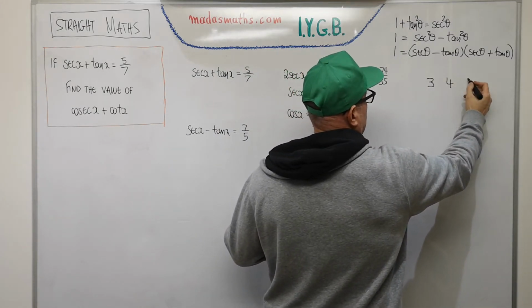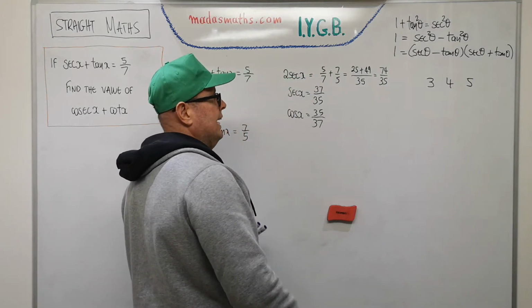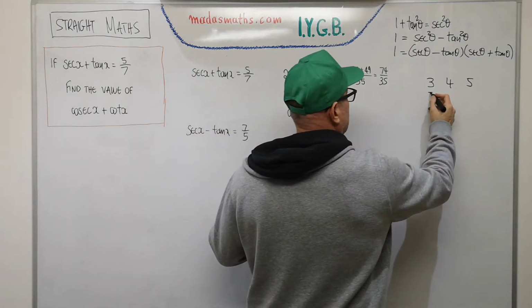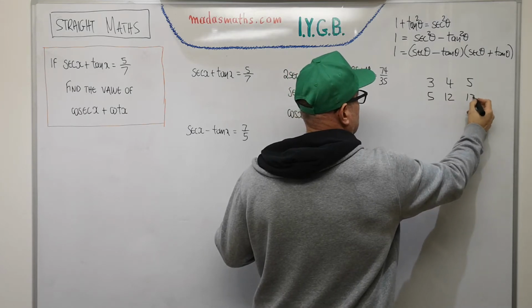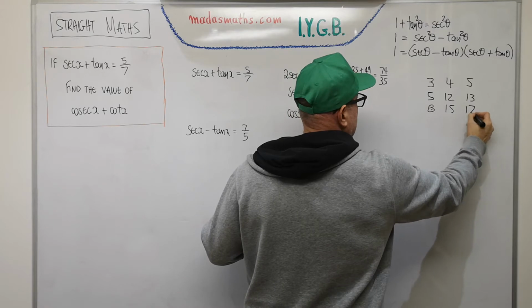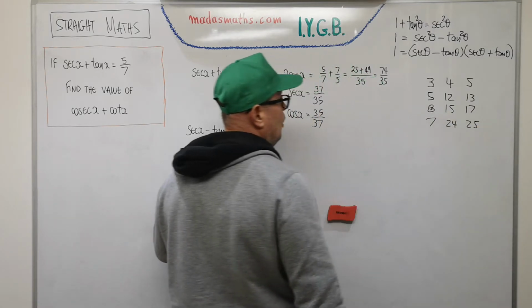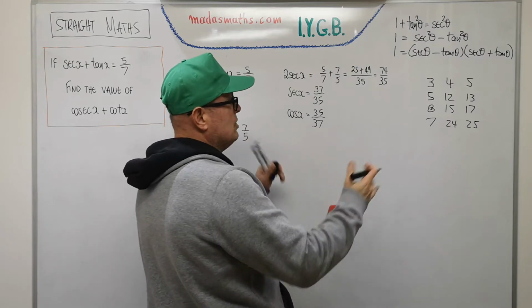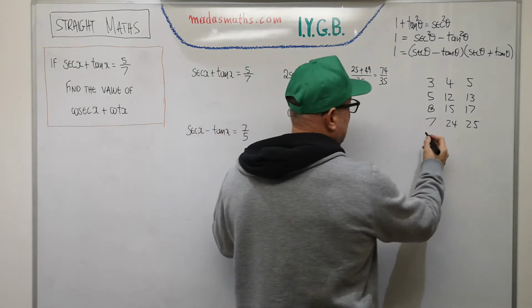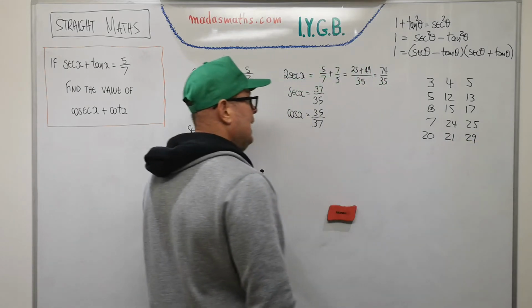The 3, 4, 5, and its multiples, of course. It could be 6, 8, 10, which I don't count as a different one. The next one is 5, 12, 13. The next one, the 8, 15, 17. Then we got the 7, 24, 25. Then probably, depending on which way you see the order ascending, the 20, 21, 29.